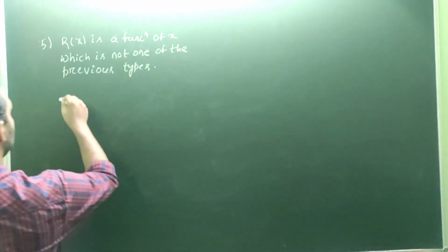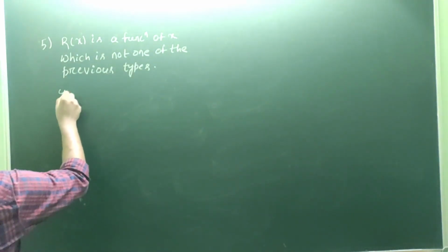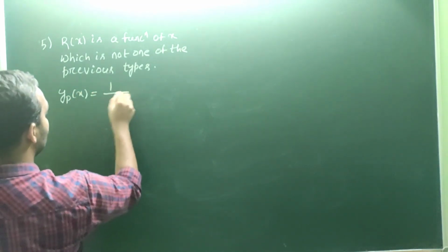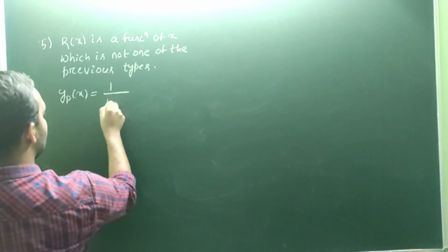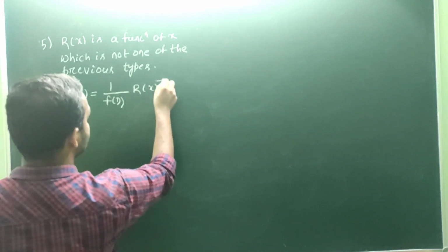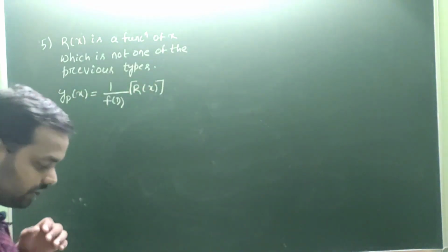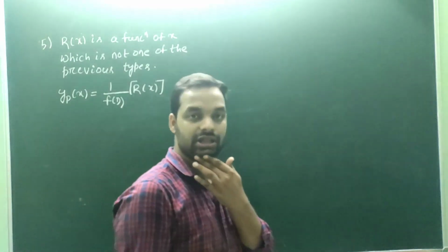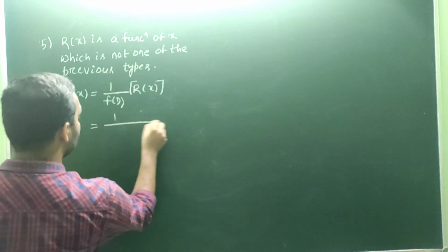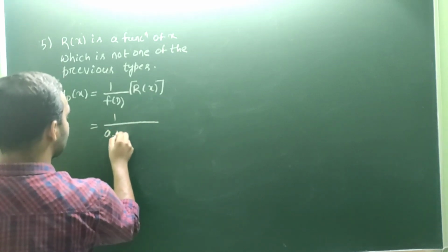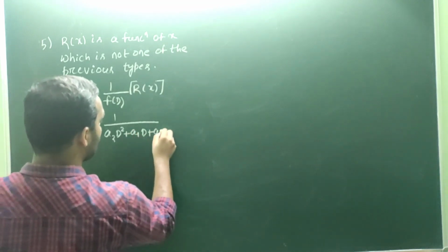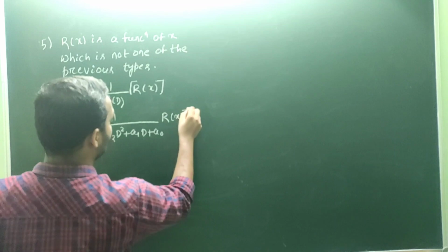So here you have y_p(x) is equal to 1 by f(D) into r of x. So here we will use the partial fraction method. How? Let's see. The general form of this f(D) will be 1 by a2 D square plus a1 D plus a0 into r of x.